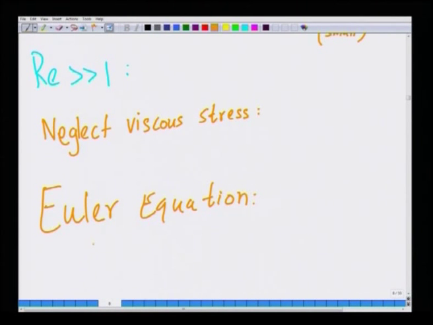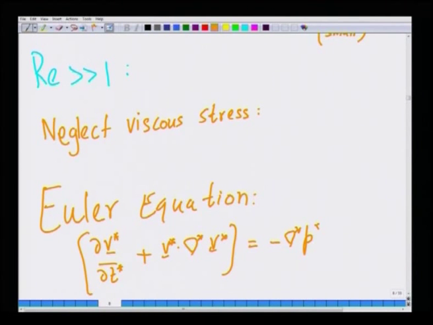So, the non-dimensional Euler equation is simply partial V star partial t star plus V star dot del star V star equals minus del star P star. If there is gravity, we can include it, but if there is none, we can just leave it like that.